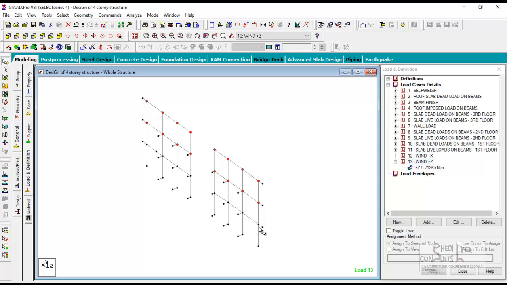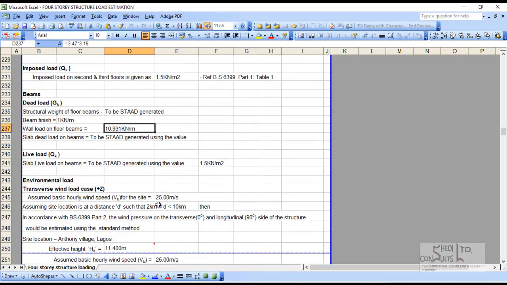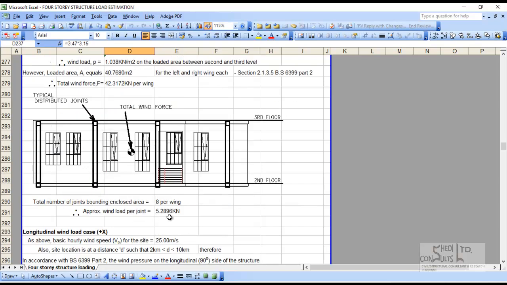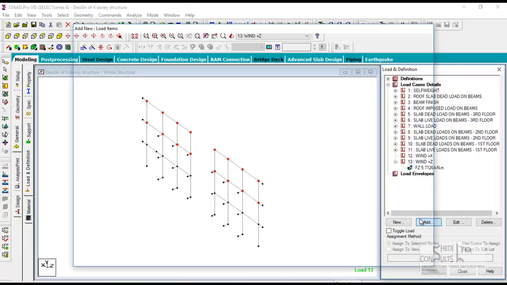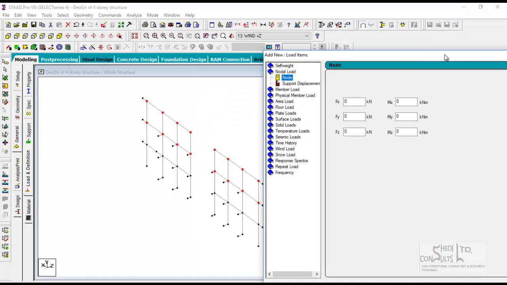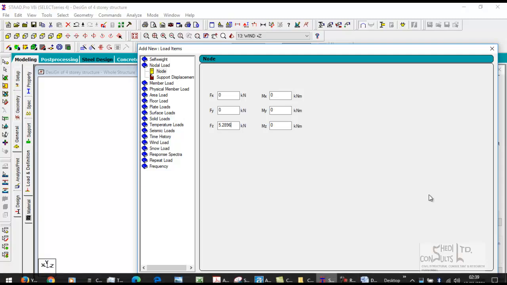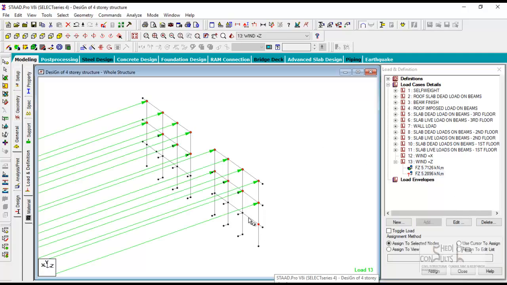So between the second and third floor, we had calculated the wind load in the Z direction, transverse, to be 5.2896. So this is Z. You apply it here.